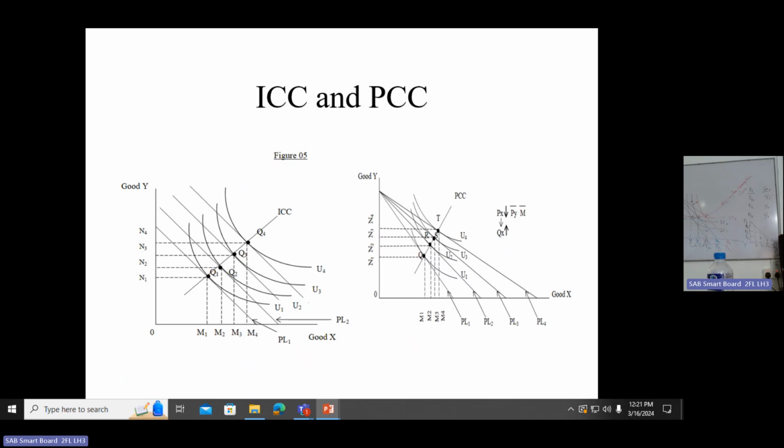By combining those points, we get what is called the income consumption curve. Now you see here the income increases from M1, M2, M3, M4 like that, and our money income increases. That's why the budget line shifts.